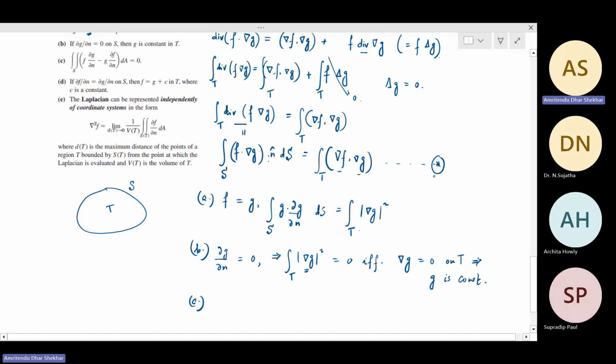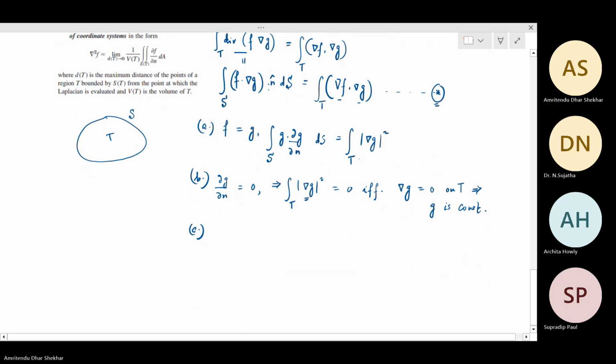Well, we have established from this formula star that the integral over S of f times grad g inner product with the unit normal, which is del g upon del n, is equal to the integral over T of the inner product of grad f and grad g.